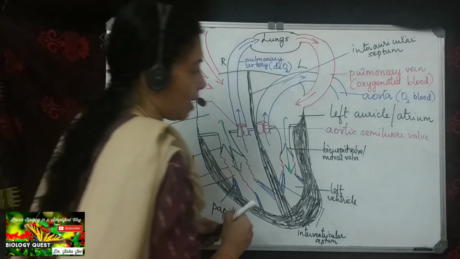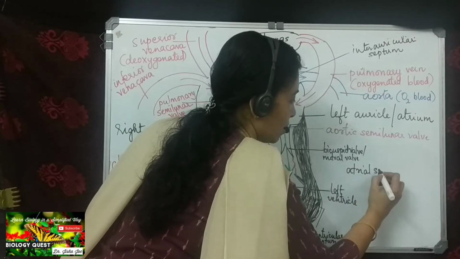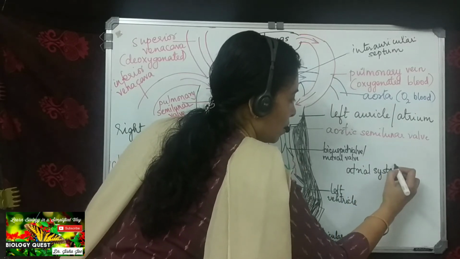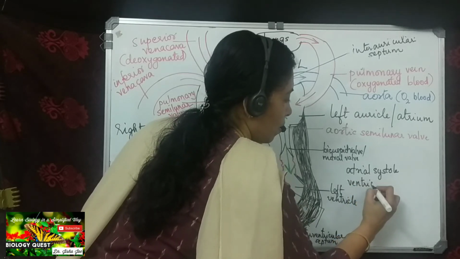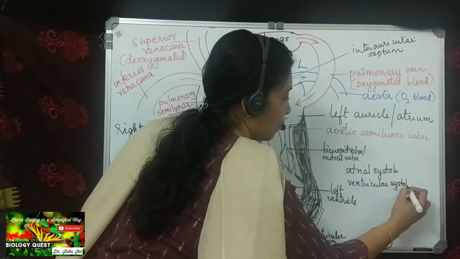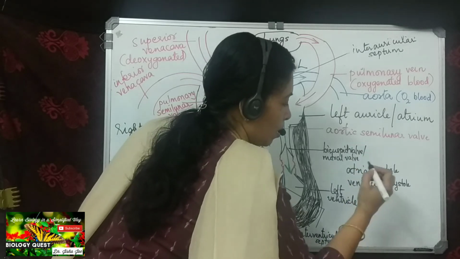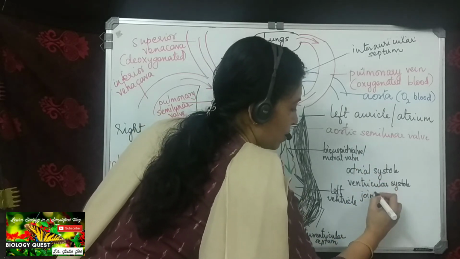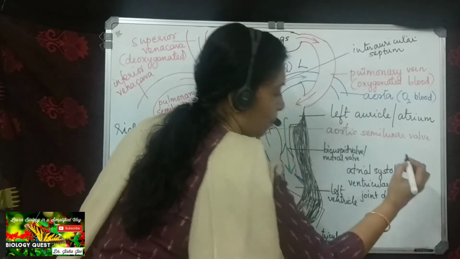So there is an atrial systole. The second phase is the ventricular systole. And there is a third phase, for a fraction of a second, which is called the joint diastole.